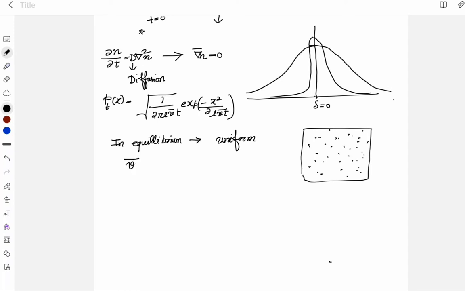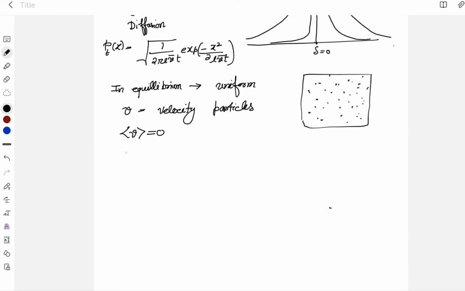So if v is, for 1D, let's say we are considering one component of v in any direction, the velocity of the particles, then obviously the mean velocity will be 0, and again the root mean square velocity.